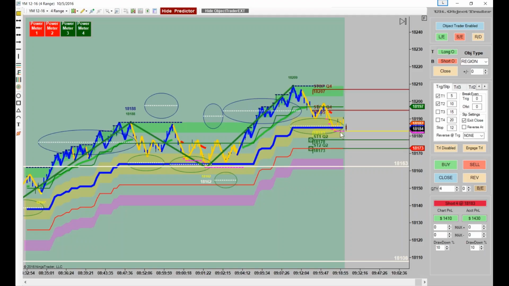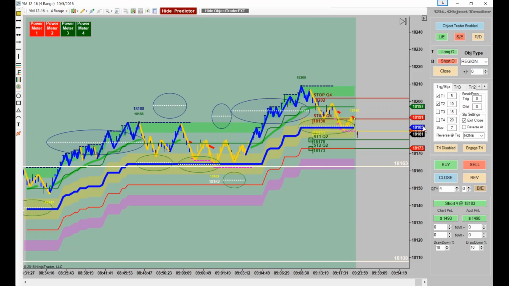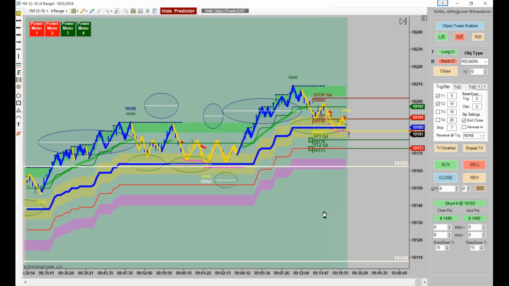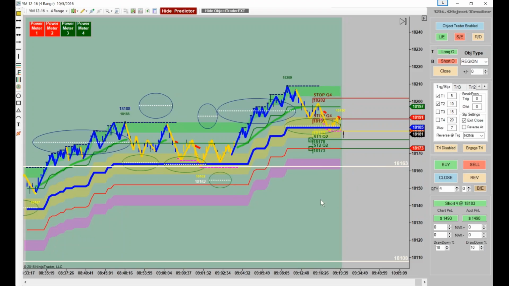I probably should have waited one more closed bar, but we got it. And that's what we talk about boxing in. But keep in mind that until this takes this out, this is still an uptrend. So all I'm trying to do is scalp this, and I would put my stop right there pretty tight, just in case this decides to go up there and take it out.